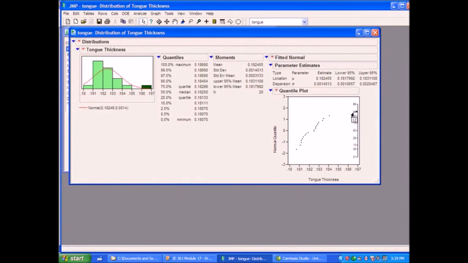I would have to take this point and move it fairly radically back to the left in order to get it in line with the others. On this picture, I would have to take this bar and move its probability back to the left if I wanted to make this histogram look more bell-shaped.